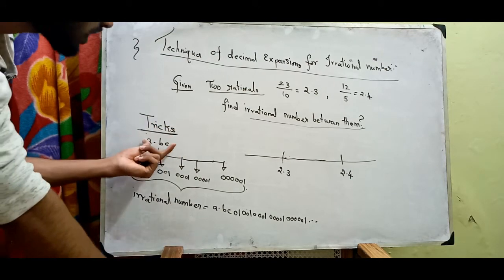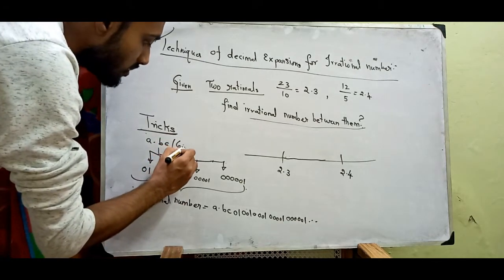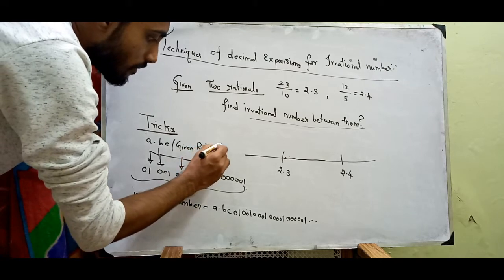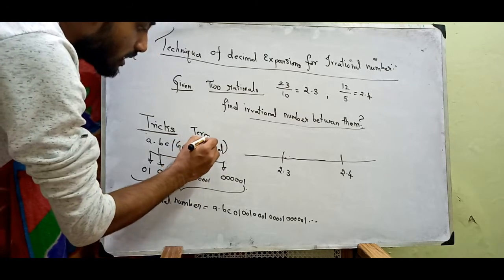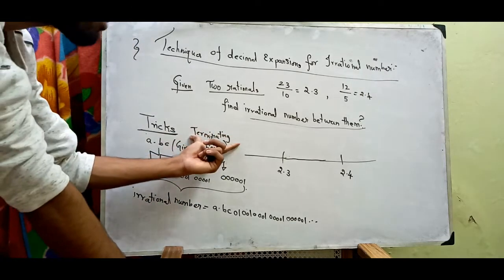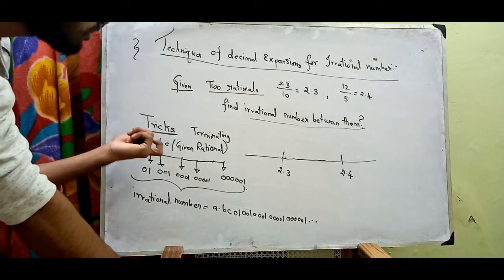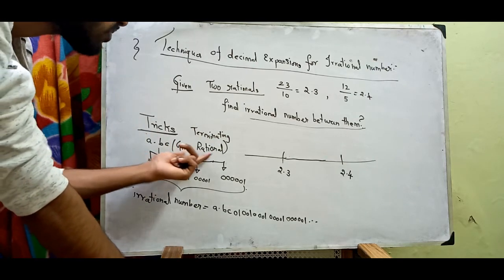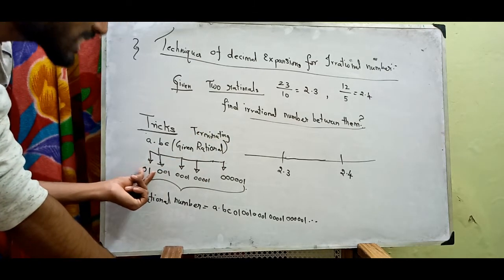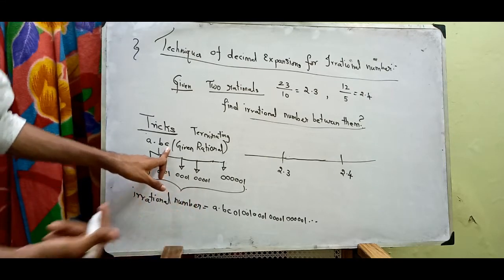I'm explaining it again. Tricks to obtain irrational numbers for a given rational. This is for given terminating rationals. Remember, whenever I say terminating, it means that after the decimal expansion the numbers stop. So given terminating rationals, we need to fix or add numbers after the last digit of the decimal expansion.